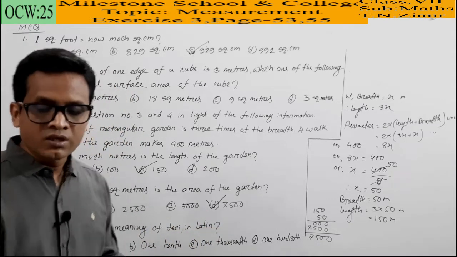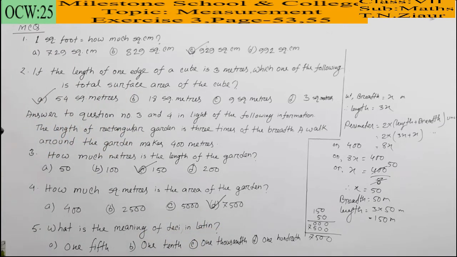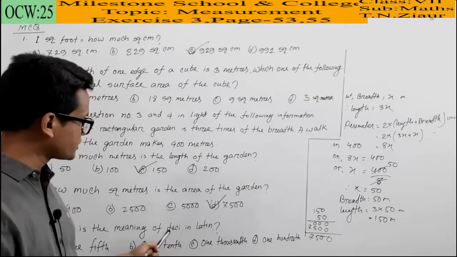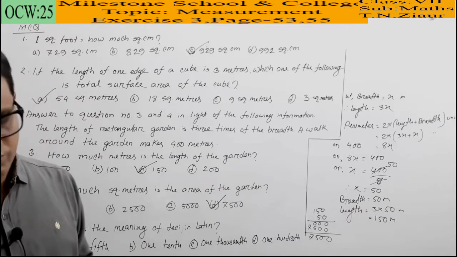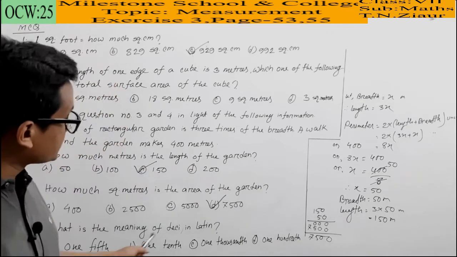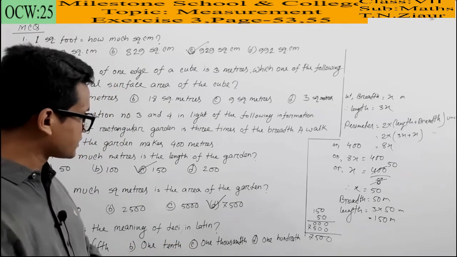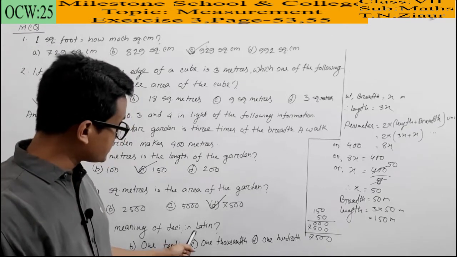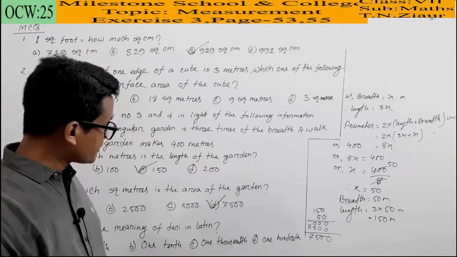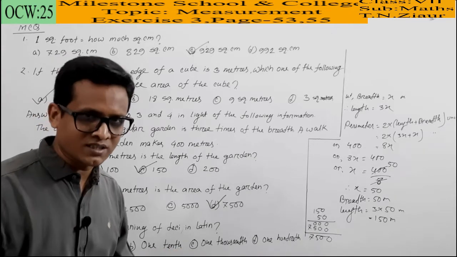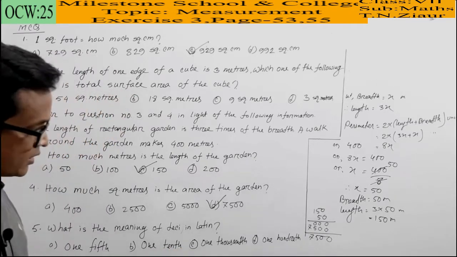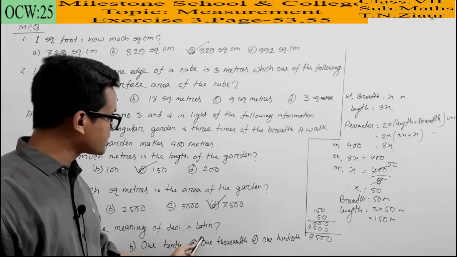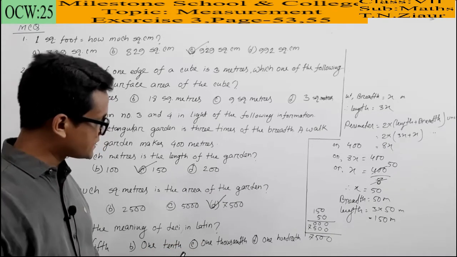Okay, students, now number 5. What is the meaning of deci in Latin? Deci in Latin is 1/10. Centi in Latin is 100, so it will be 100th.